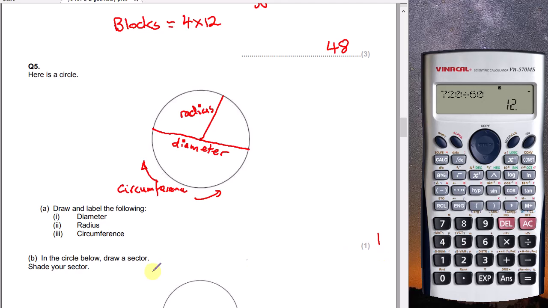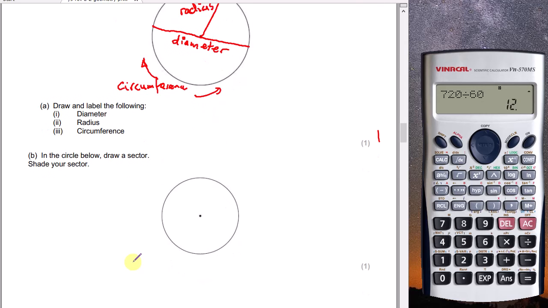Okay. Draw a sector. Now, a sector is the part of a circle between two radii. Okay. So half a circle is a sector.